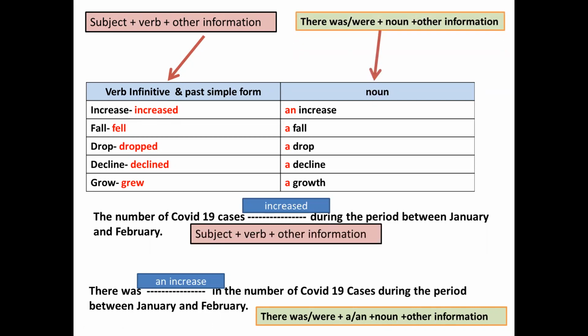For a sentence that starts with there was or there were, where the verb is a be verb, then we use the noun form of the word. Okay. All right.